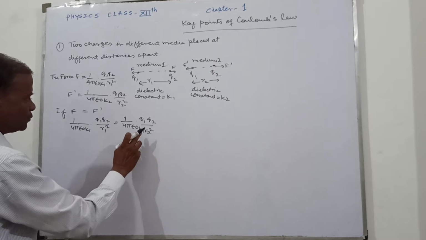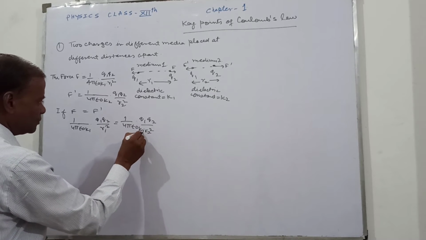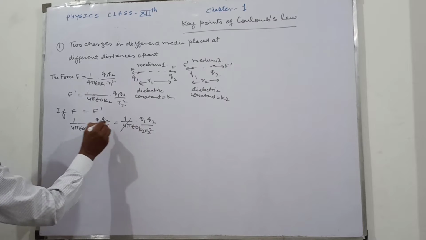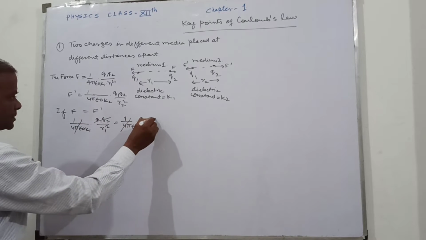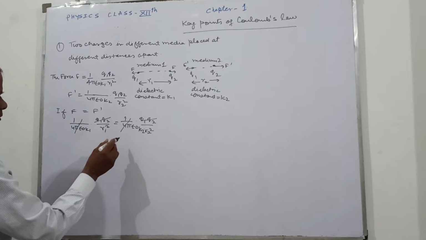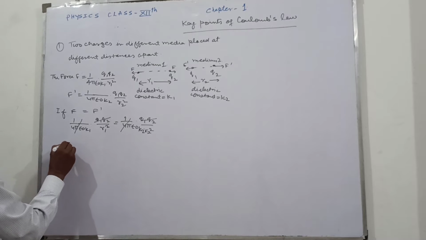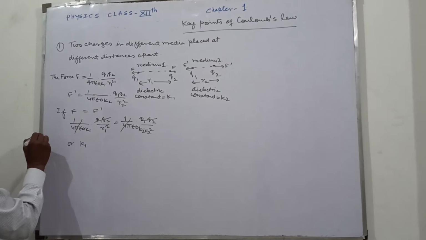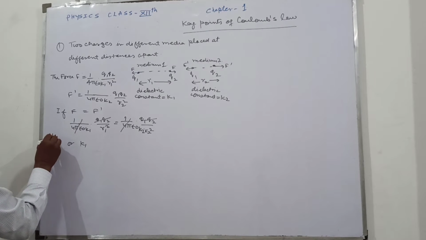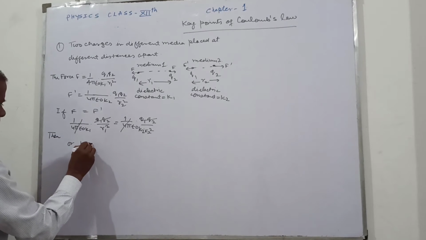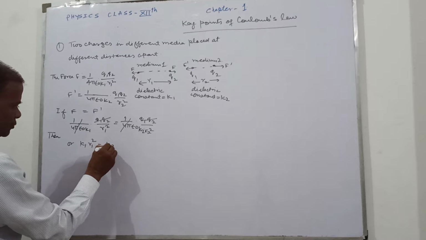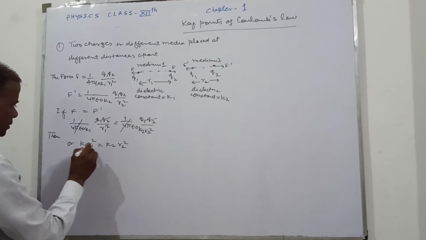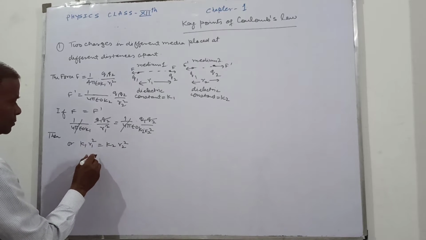Here K2 is the dielectric constant. Then this term will cancel by this one, and what we have is K1 R1 square equal to K2 R2 square.